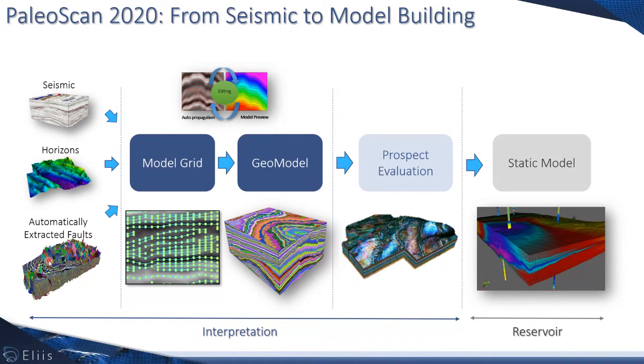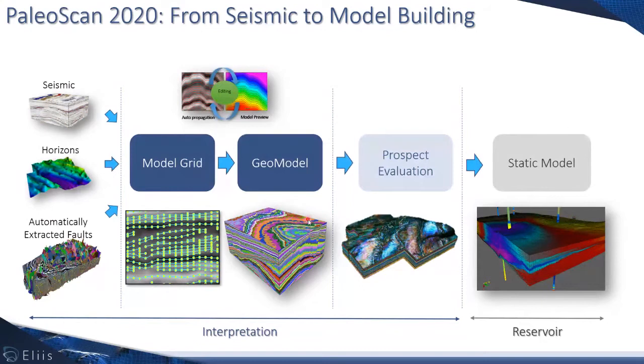So this will prevent PaleoScan from making mistakes. We know that picking some faults might be laborious. So that's why we're trying to make it automatic. So we found a way of doing this, and I'm going to talk about it right now.